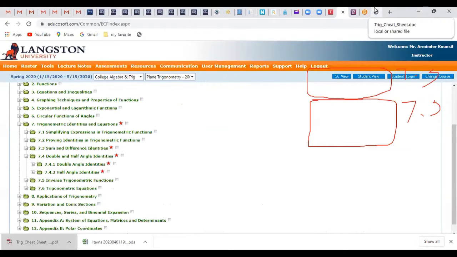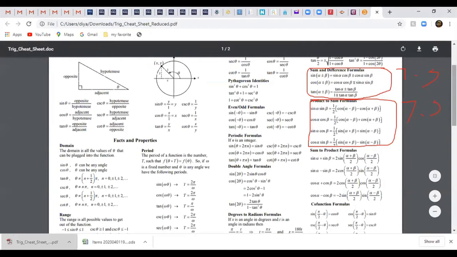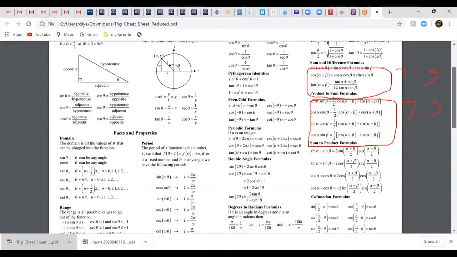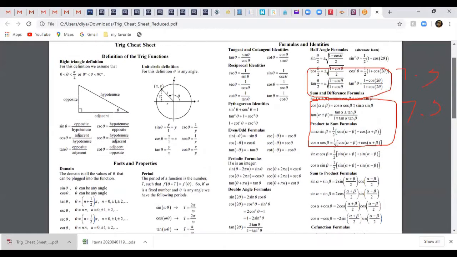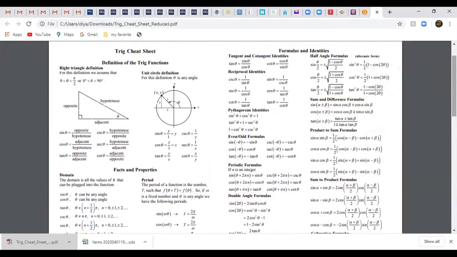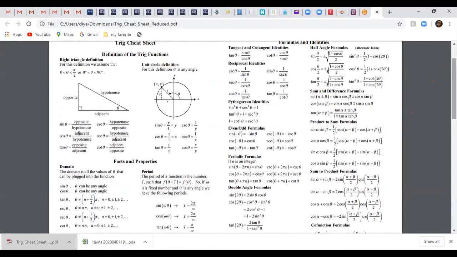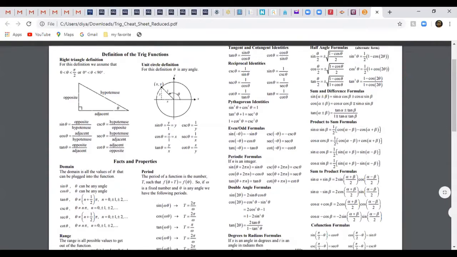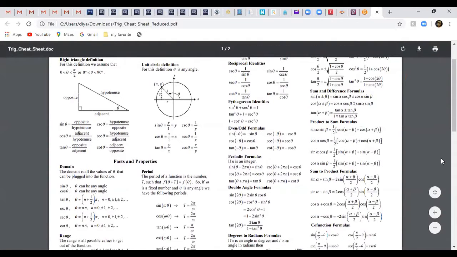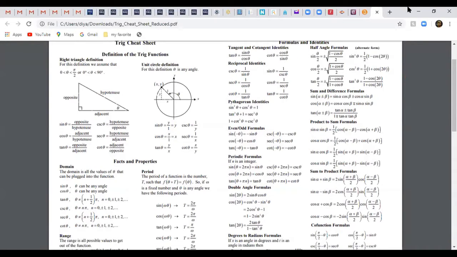If we go back to our formula sheet, over here we have the double angle formulas. These are your double angle formulas, and these are your half angle formulas. This is your chapter 7.4.